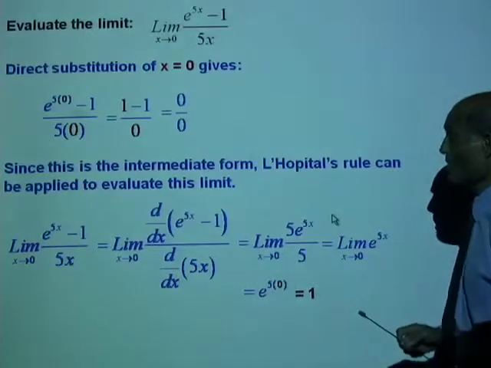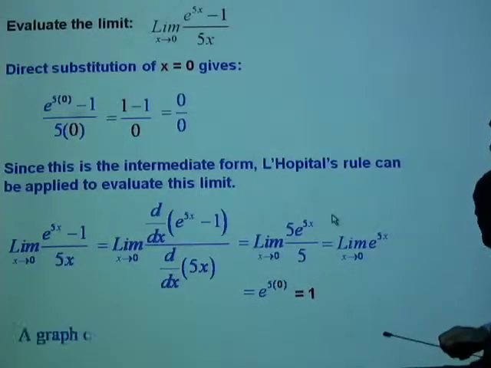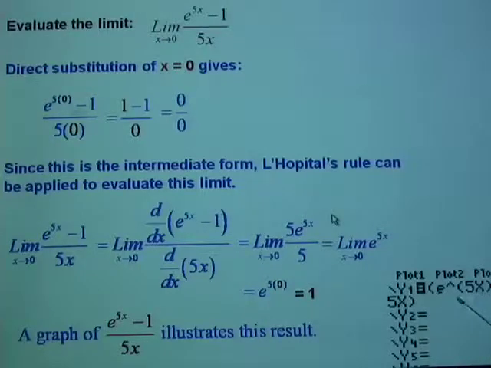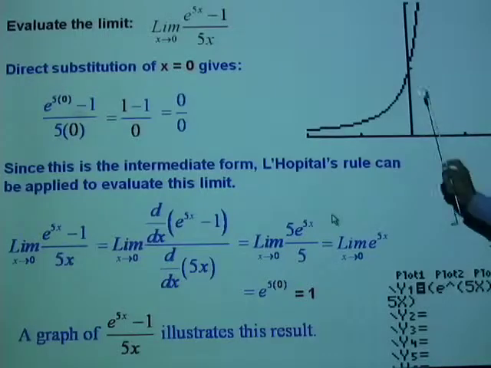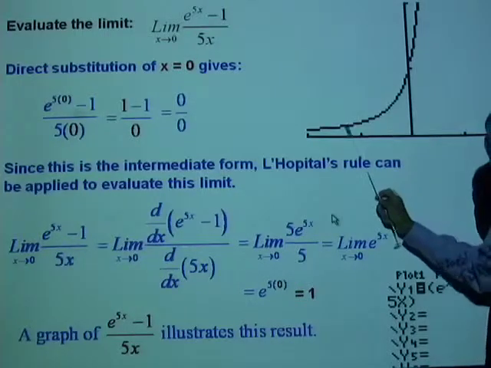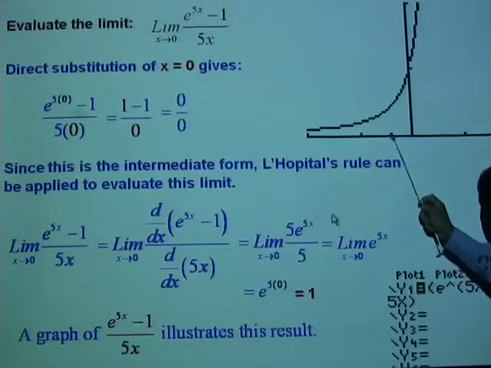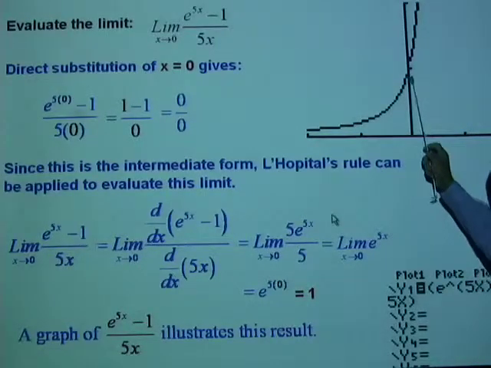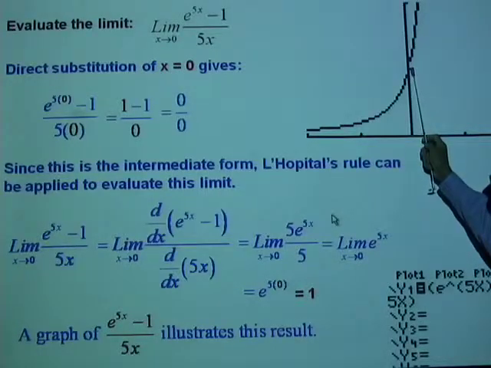Try this on a calculator and see how the graph looks. Put it in as y1 and draw the graph, and you can see that as x approaches 0 from the left and from the right, the value of that limit is 1.